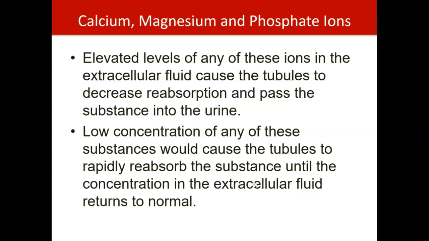Calcium and magnesium elevations or decreases are going to have negative impacts on some of your heart function. Actually, there's one particular arrhythmia that happens just because of insufficient magnesium levels.